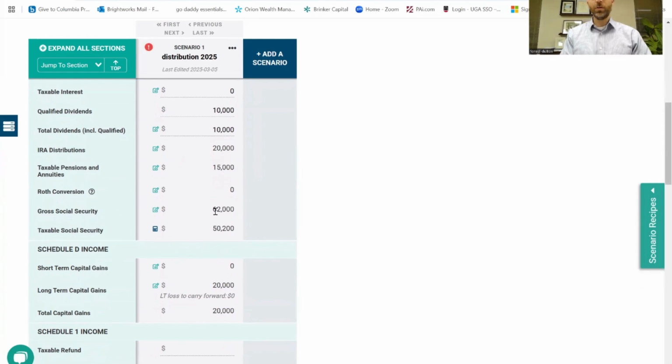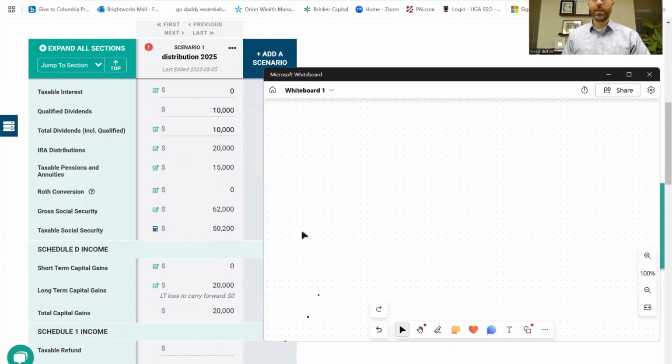Now, one thing I want you to notice is because we drew our income in a different way, our Social Security just became taxed at the maximum rate. So that's something to consider as well. So notice that number basically represents, not maximum, it's almost, okay? So basically, Social Security can never be taxed greater than 85% of this gross amount.